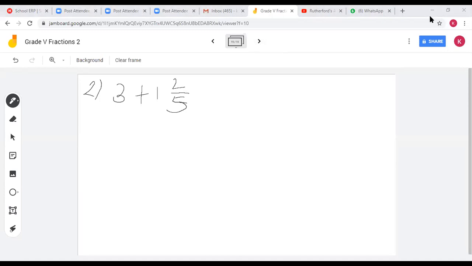How do we solve this type of example? We had discussed this, that any whole number can be written in the form of a fraction, as 3 upon 1 plus 1 whole 2 upon 5.